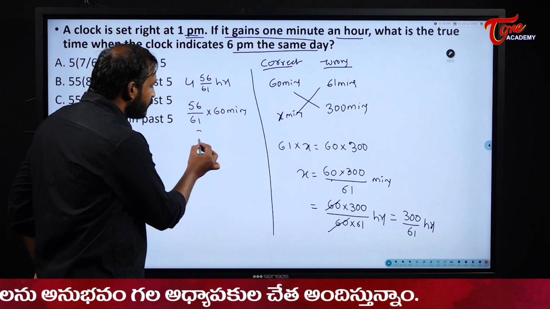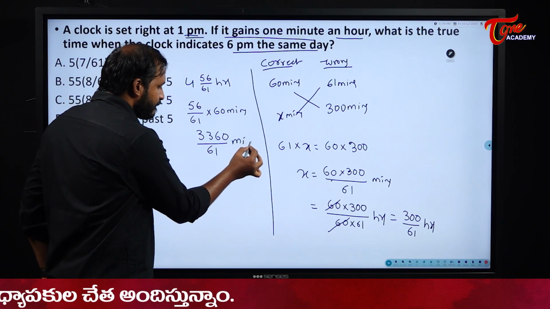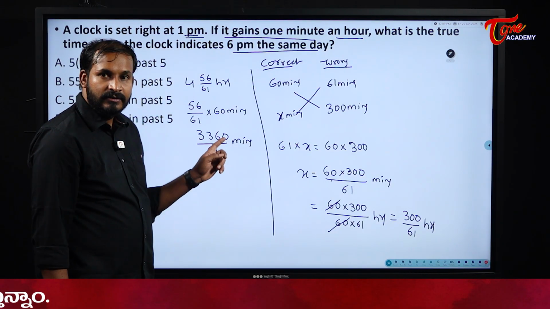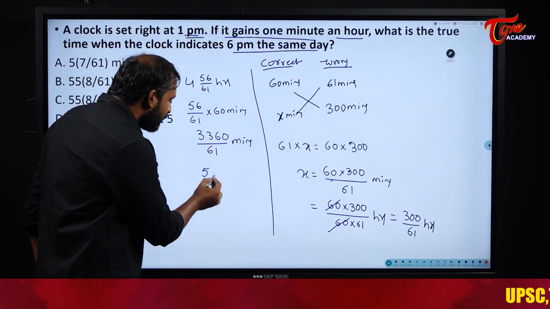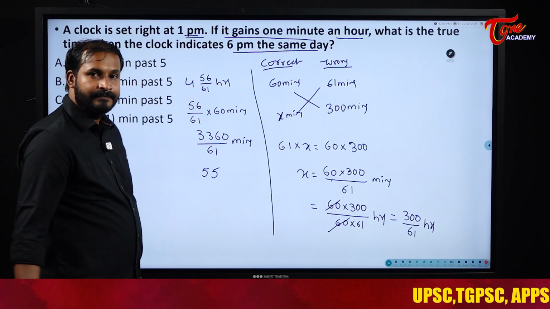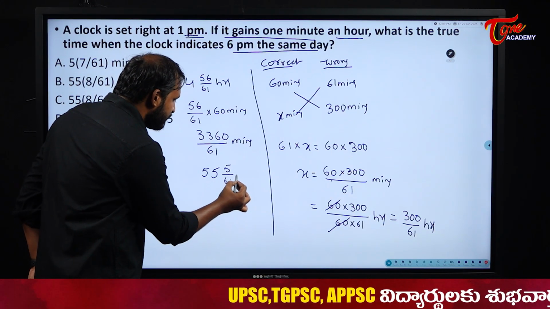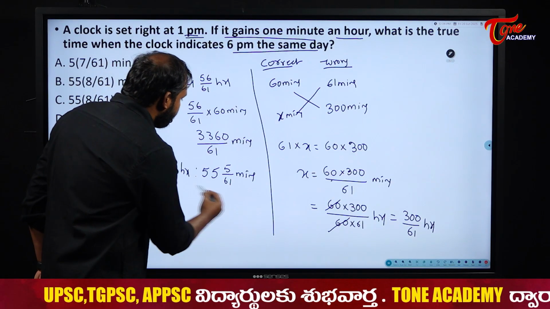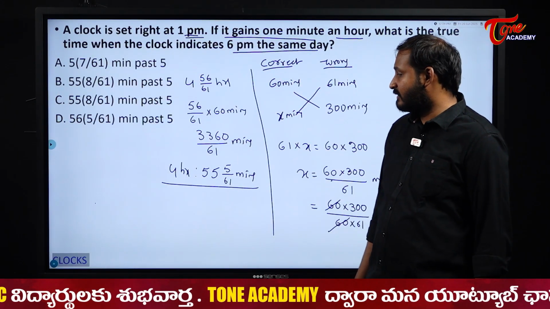So it will become 3360 by 61 minutes. 61 fives are 305. I will be left with 55 by 61 minutes. So that means 4 hours 55 5 by 61 minutes.